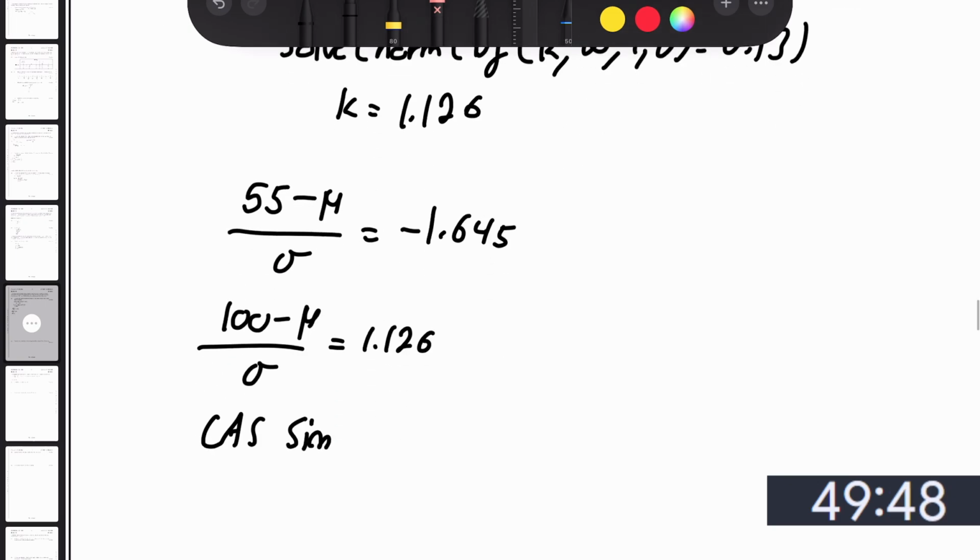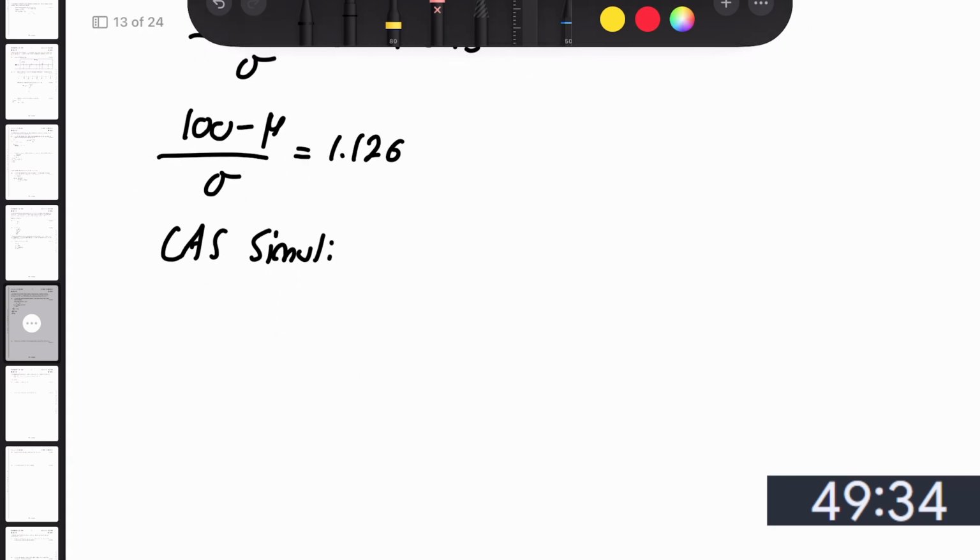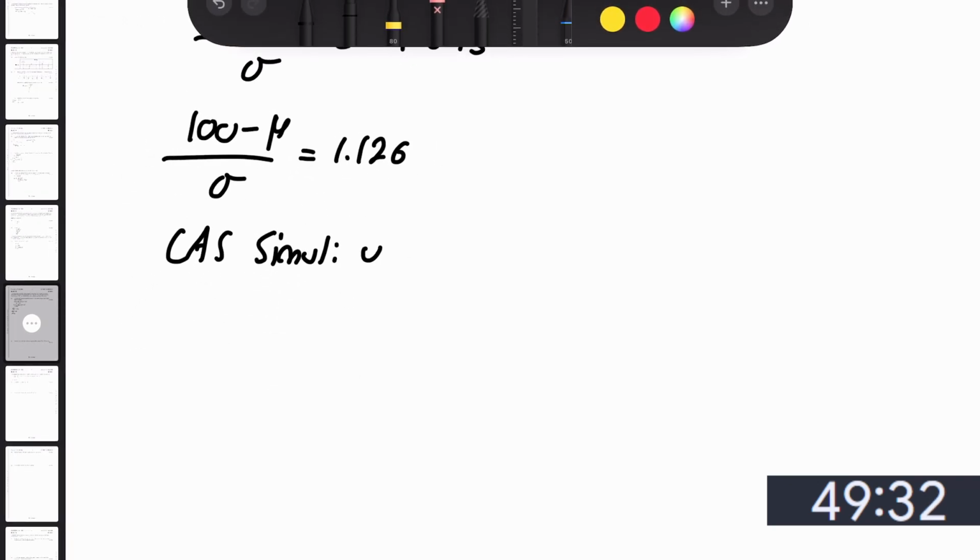Cast simultaneous equations. 55 minus x over y is equal to negative 1.645. 100 minus x over y is equal to 1.126, solving for x and y. So then our mean is going to be equal to 81.71. I'll do another decimal place, I guess. Doesn't hurt.